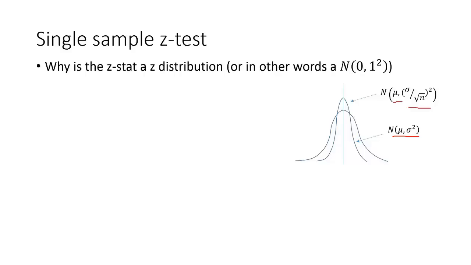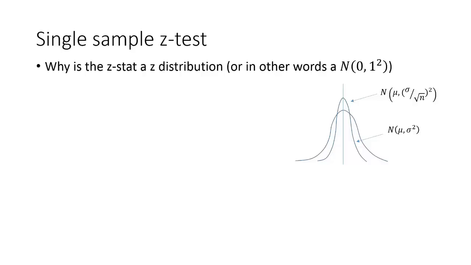If n goes to infinity, then your variance goes to 0, so as your sample size keeps increasing, you're literally sitting on top of this line and won't really have this distribution. But for all finite sample sizes, you have a distribution of sample means which is normally distributed with mean mu and standard deviation sigma by square root of n.